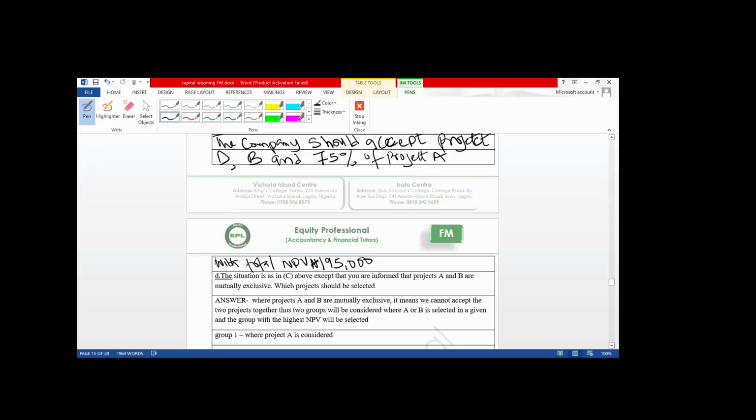Which project should be selected? What is the meaning of mutually exclusive?